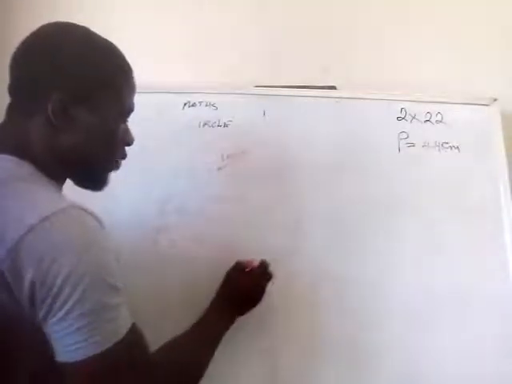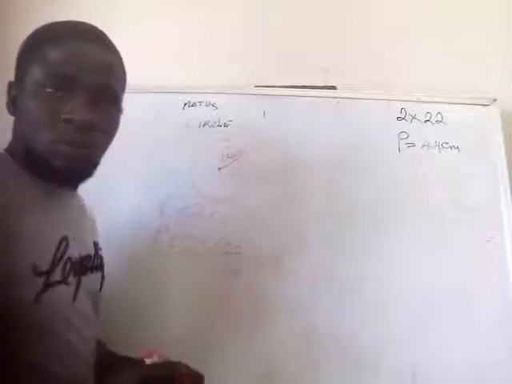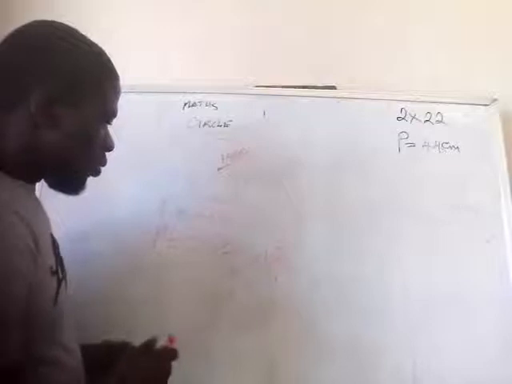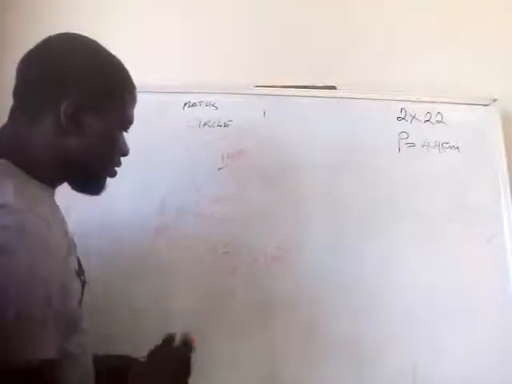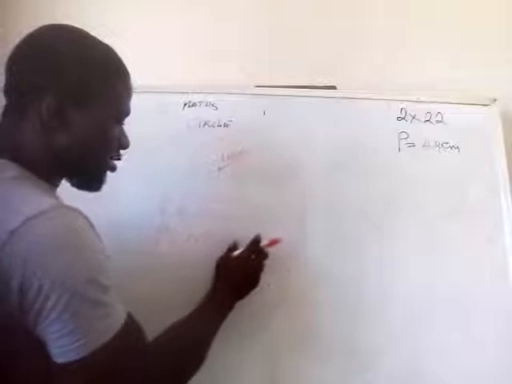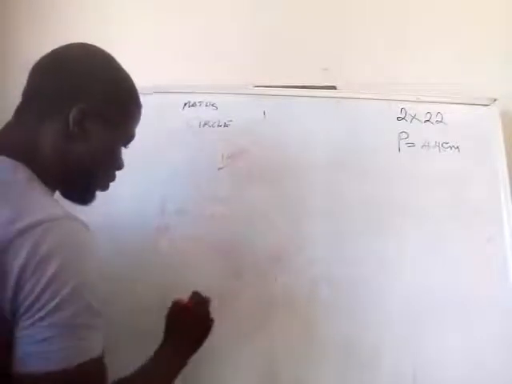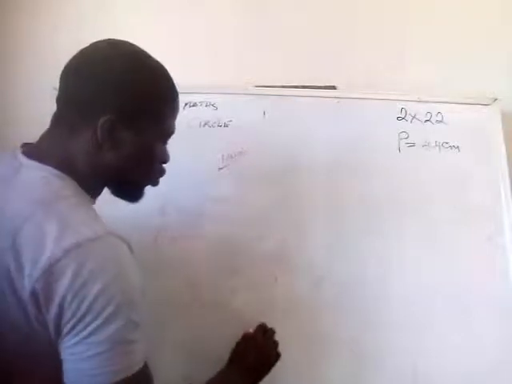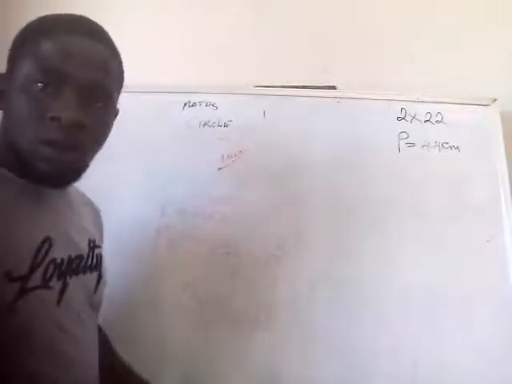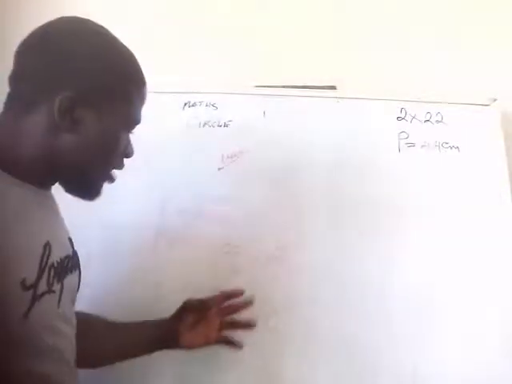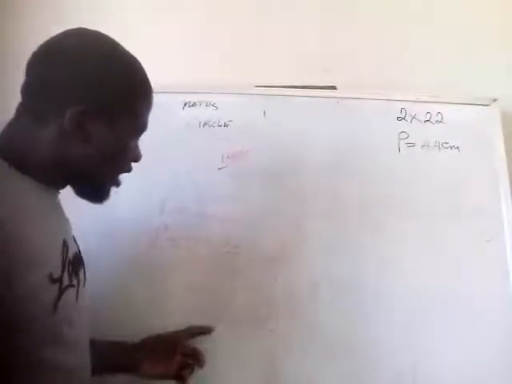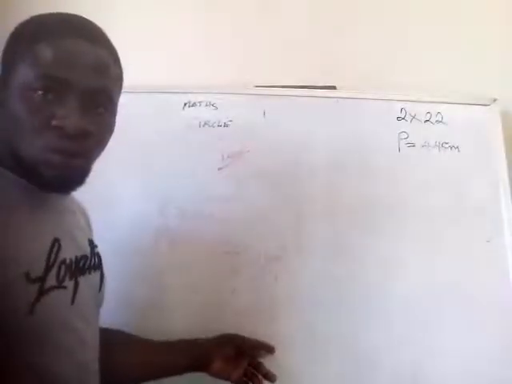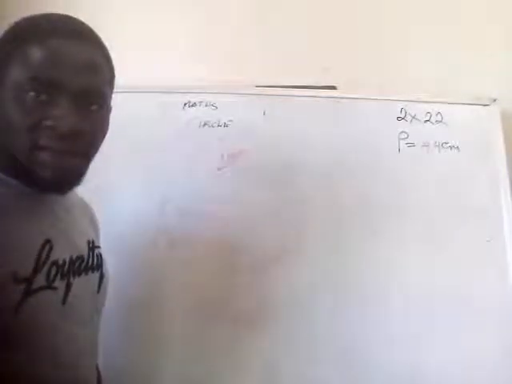This will cancel itself 1, this 2. So what will be left for us is 2 times 22 times 2. 2 times 22 will give us 44. 44 times 2 will give us 88.